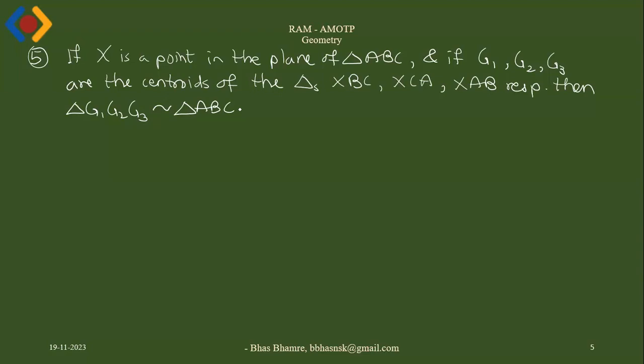Or if I have the straight line, I can say 2:1 where it intersects, that is the centroid. But that case we do not consider. So XBC, XCA, XAB, those triangles should exist. How does it look? It looks very weird.